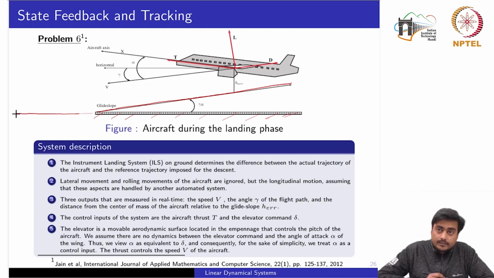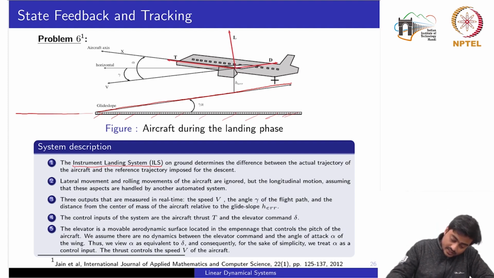go onto the runway. Now, in practical setups, we generally have the instrument landing system, what we also call the ILS, on the ground, which basically determines the difference between the actual trajectory of the aircraft and the reference trajectory imposed for the descent.